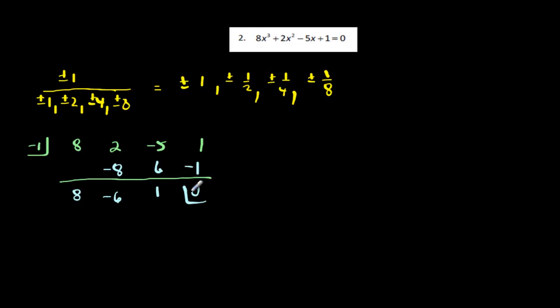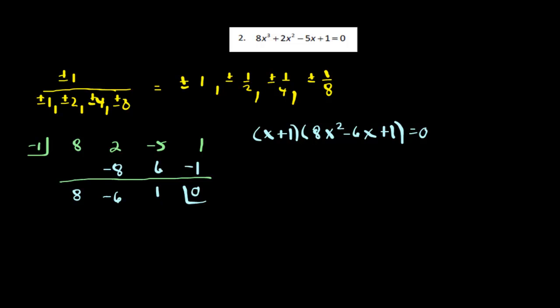We see that the remainder is 0. That proves that x plus 1 is a factor. So we could rewrite this as x plus 1 times 8x squared minus 6x plus 1, which is the quotient here.